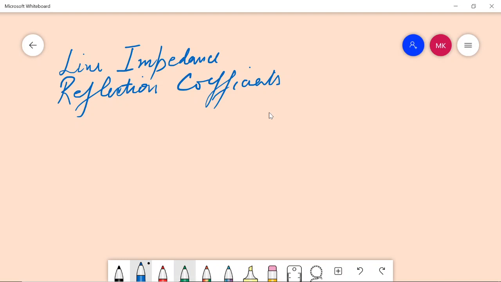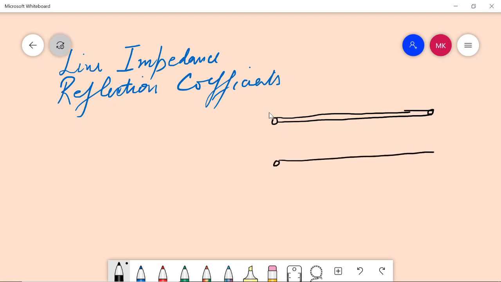So let me draw some transmission line. So suppose you have a transmission line here, and let us connect it here with some load ZL.